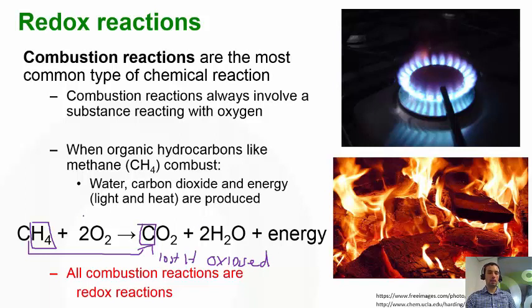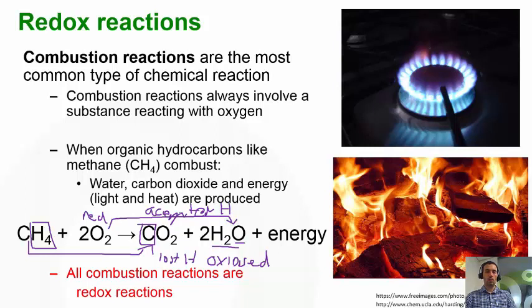And that means in this case that the oxygen has been reduced. And we can see that one of the oxygens here actually now has hydrogens attached to form water. So to go from something that doesn't have hydrogen to something that has hydrogen, that means that the oxygen has actually accepted hydrogen.